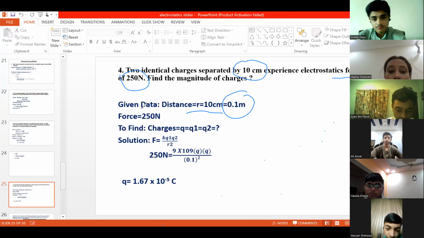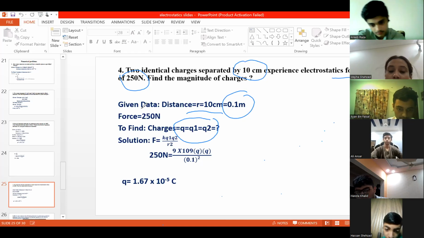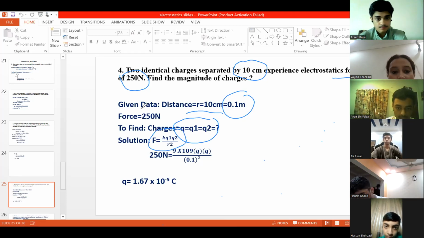Okay, so the distance is 0.1 meter. We have to find out the charge. The charges are identical, so we can suppose the charges Q1, Q2 are equal to Q. Again, we will use the same formula, F is equal to K Q1 Q2 by R square. Put the value of K, which is always constant, 9 into 10 to power 9.